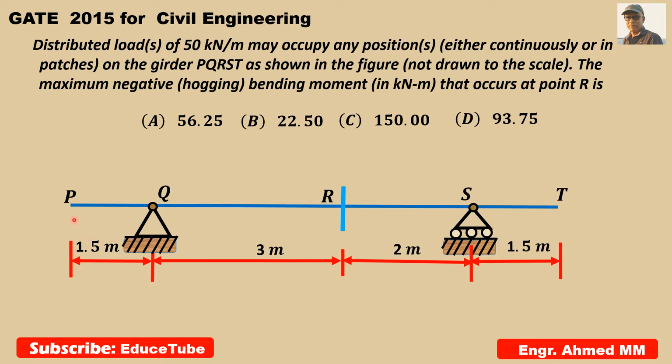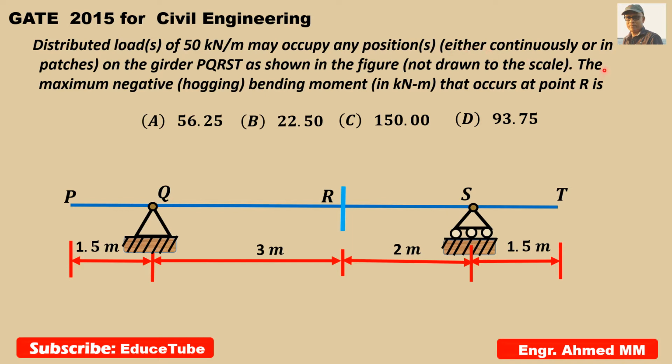So this distributed load may occupy any positions in two ways, either continuously or in patches. I mean here or here or here or here in patches way. So there are two ways too.